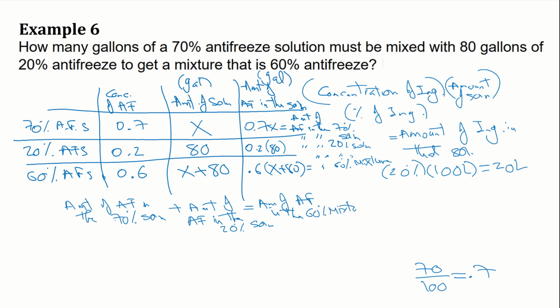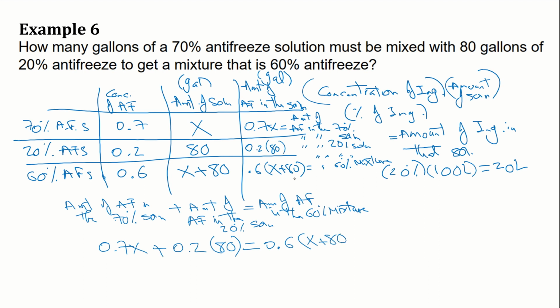Because we've mixed those to get this one, right? So however much antifreeze was there plus however much was there should be however much is in the mixture. So the equation is 0.7x plus 0.2 times 80 is equal to 0.6 times x plus 80.